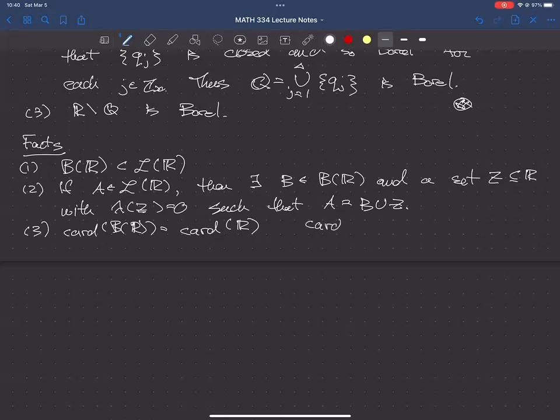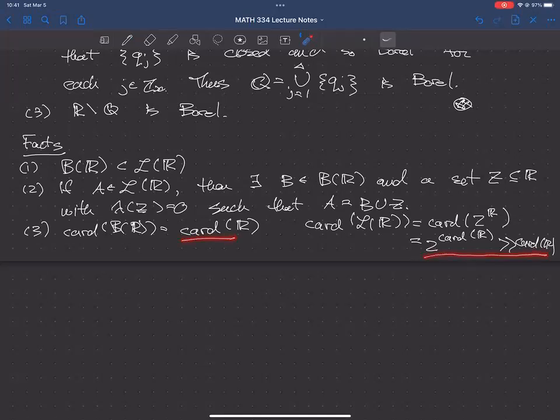And on the other hand, the cardinality of the Lebesgue measurable sets is the cardinality of the subsets of R. Okay, and if you do some cardinal arithmetic, this number is a lot bigger than the cardinality of R. So the idea is there are many more Lebesgue measurable sets than there are Borel sets.